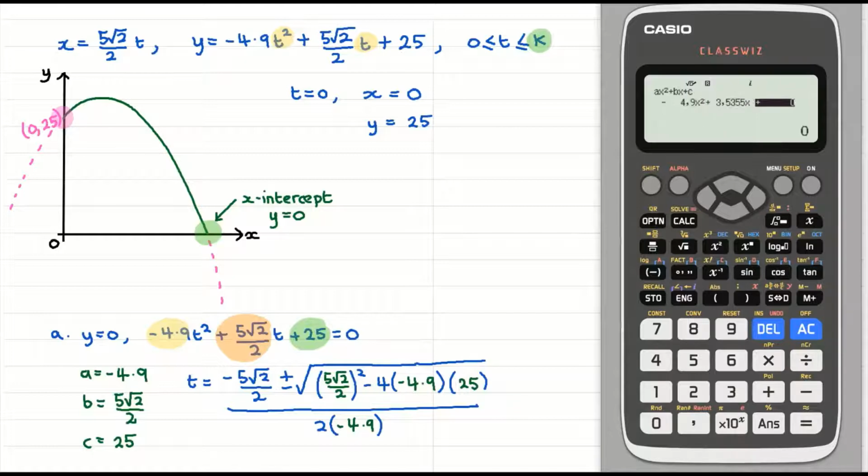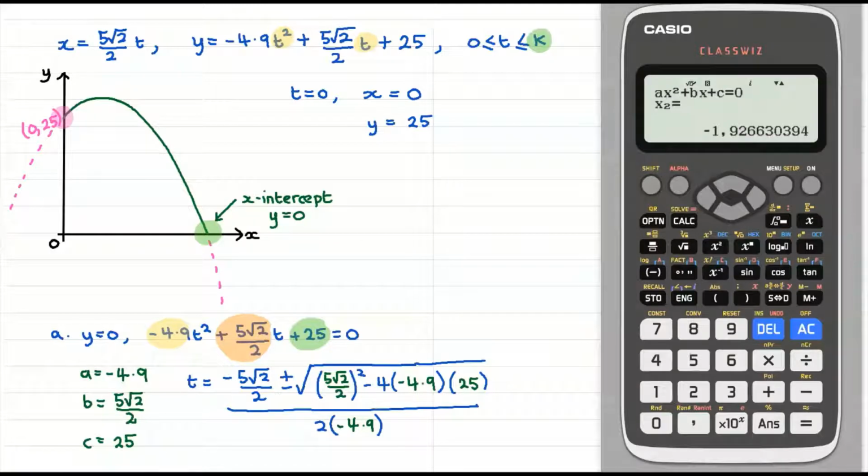Not sure if that's going to go in correctly, I think that's right. And then plus c, so that's 25. Let's see what we get. We get one solution at 2.648, and a second solution at negative 1.926.